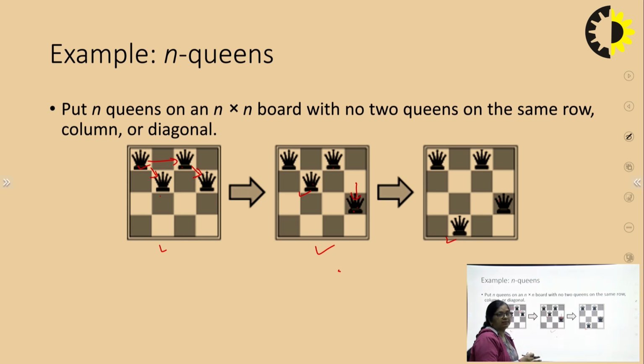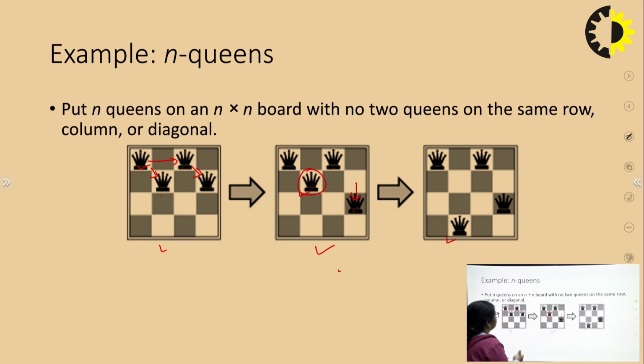Those are the possible states. So one of the states is that I moved this one. Many queens are attacking, so I can change the position of only one queen. That will be the next state.